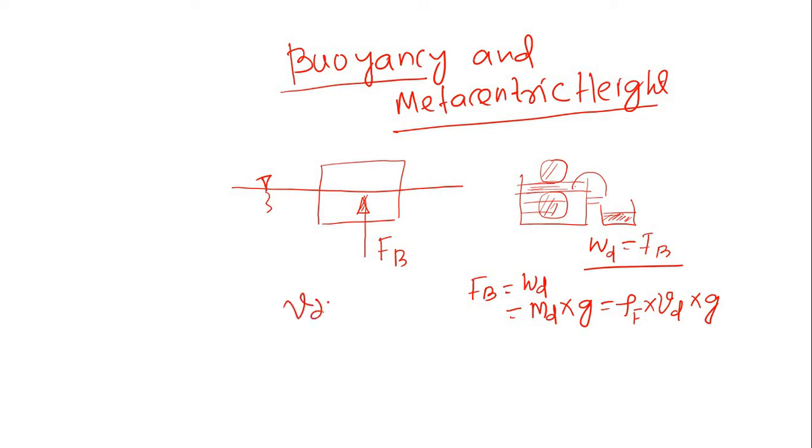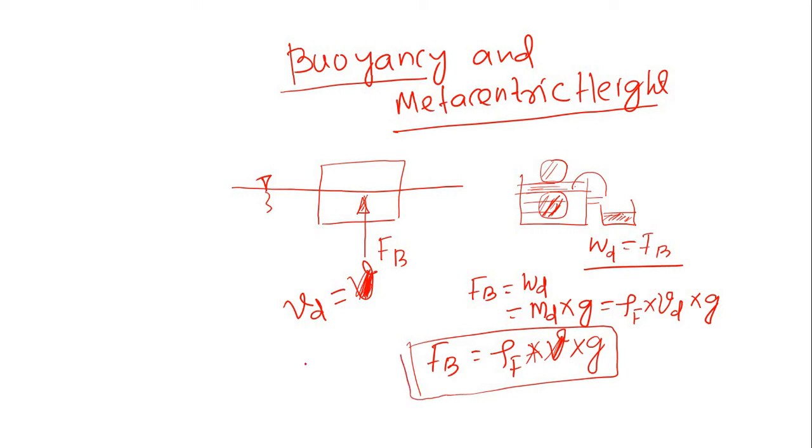This volume displaced will be equal to the volume submerged by this object, that is, the volume of submergence, indicated by V. So the force of buoyancy will be the density of the fluid times the volume submerged times g. This is called the force of buoyancy, and this is given by Archimedes. This is called Archimedes principle.